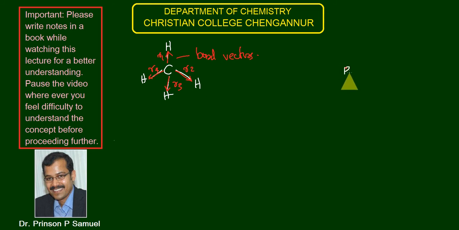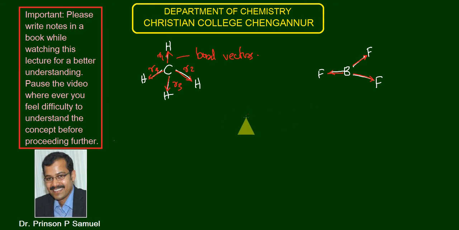Here also we have a central atom, that is boron, and boron is attached to three fluorine atoms. And here also we have the bond vectors, three bond vectors. This is one bond vector, this is another bond vector, and this is another bond vector. So now you understand what is meant by a bond vector.